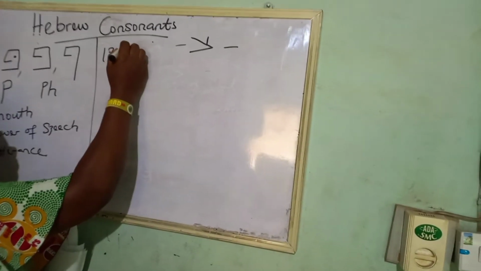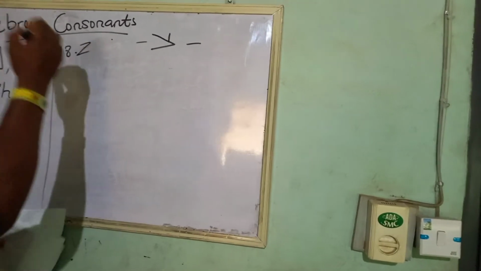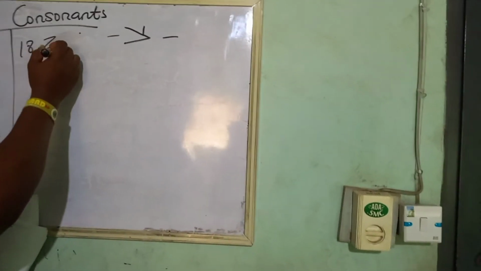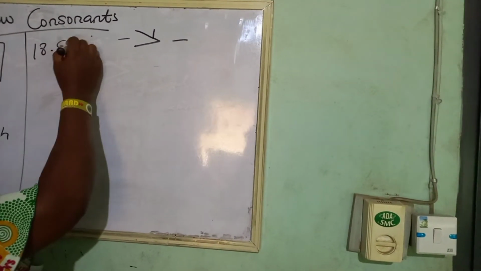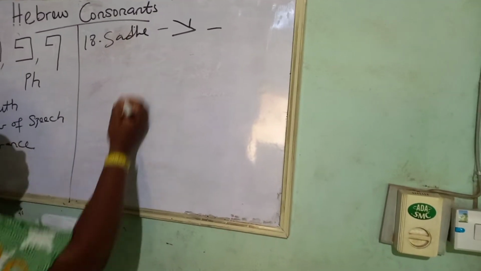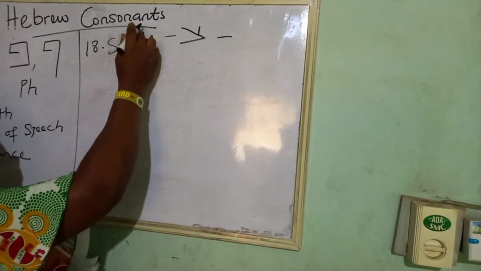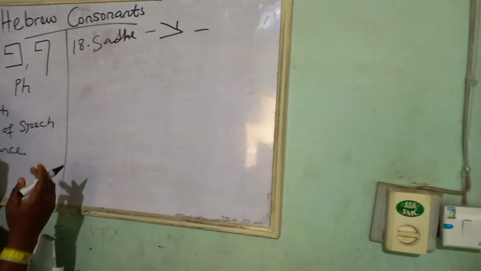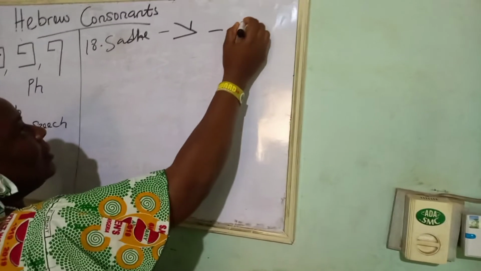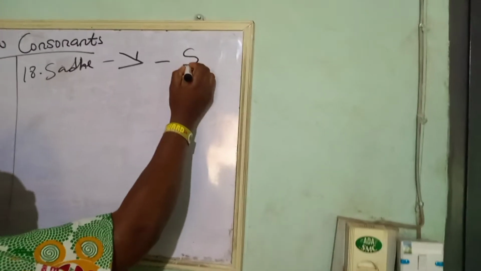Sade. Not zayin, is sade. And the transliteration of sade is an S with a dot.